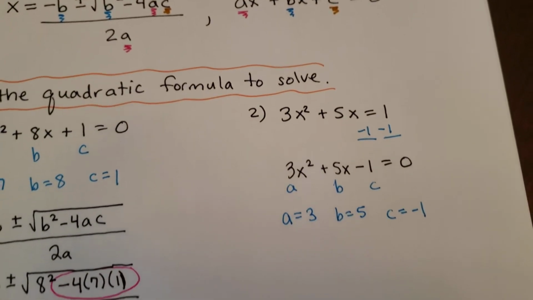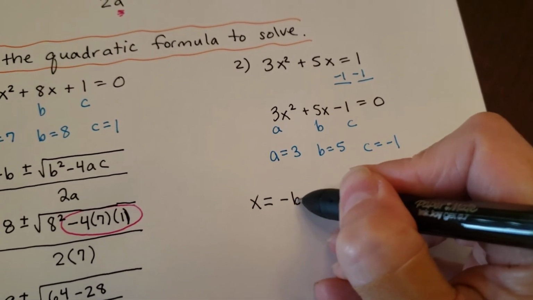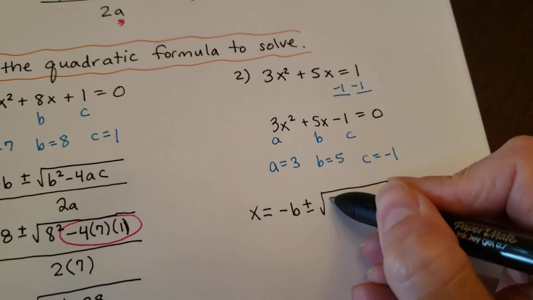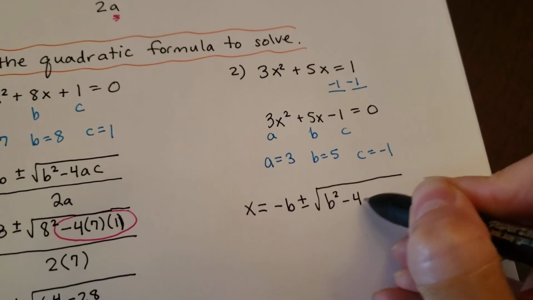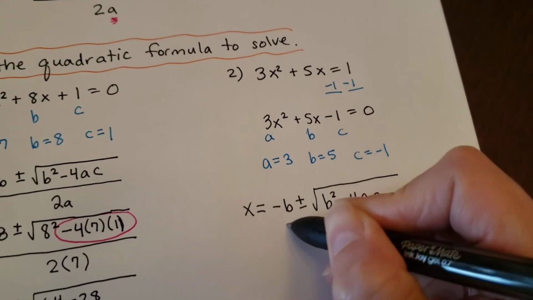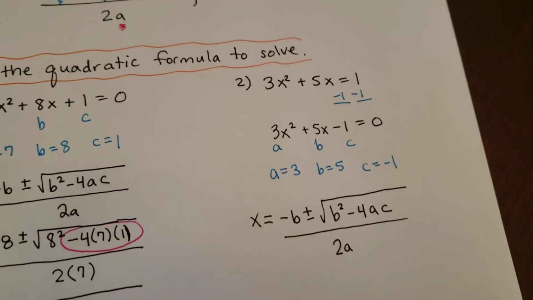We're going to write the formula out. So we're going to write x equals negative b plus or minus square root, make it a long one, b squared minus 4 times a times c all over 2a. And now we'll plug everything in.